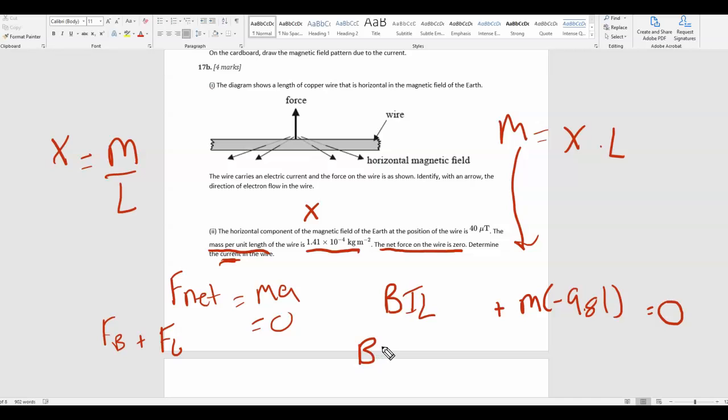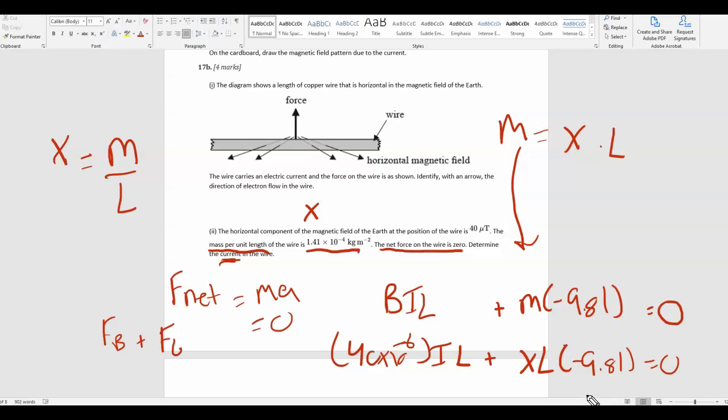Let me plug in the value for B. B is 40 microtesla, so 40 times 10 to the negative 6, times I, which is my unknown, times L, plus XL times negative 9.81 equals 0.